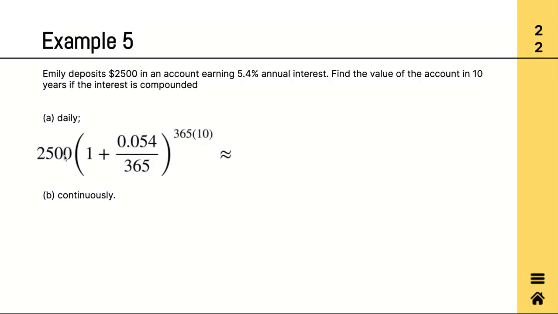So there's our principal times 1 plus the rate divided by the number of compounds in that year, all to the power of the number of compounds times 10 years. And this turns out to be a good sum of money, about $4,289 and some change, about 85 cents.